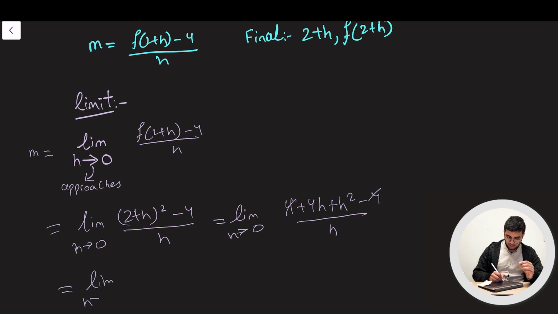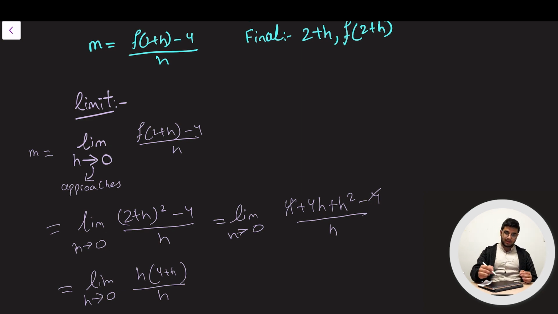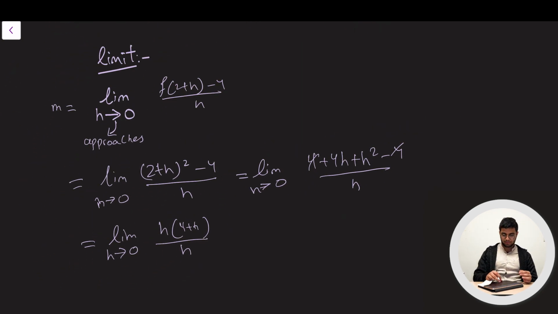And then we are left with this. We can factor out the h's from here. So we are left with this now, okay? Now, here's the magic. We can now cross out the h's, okay?